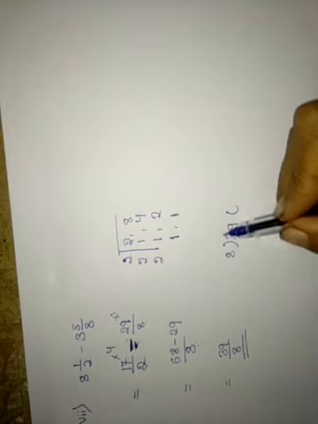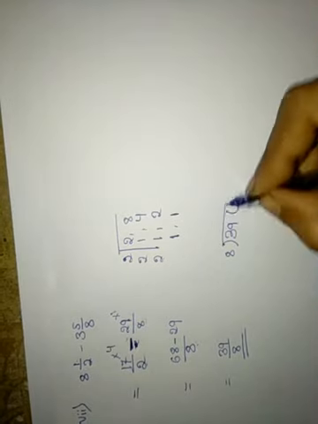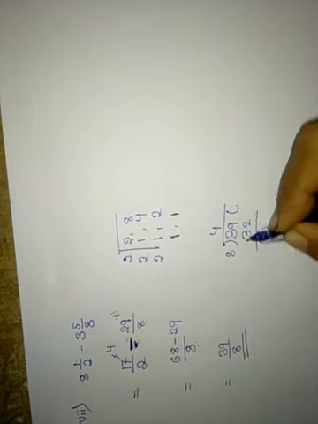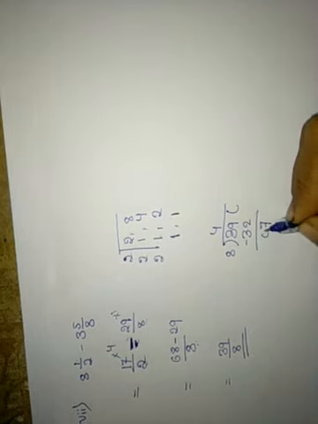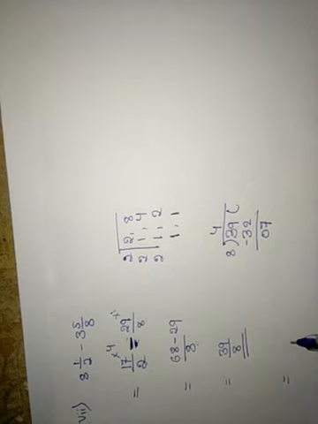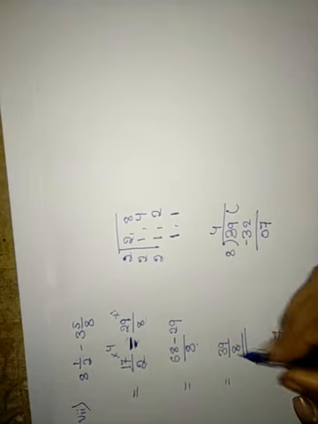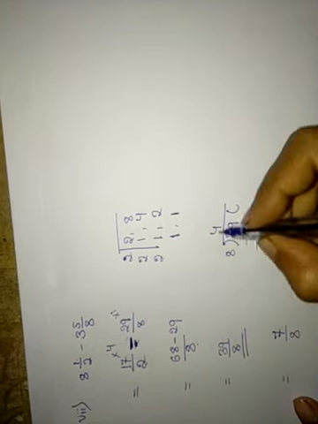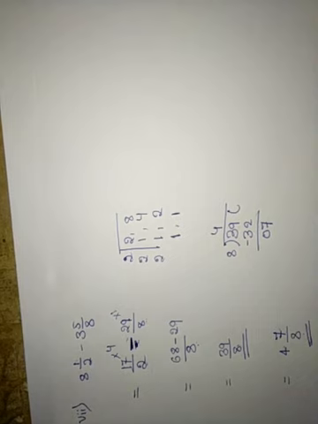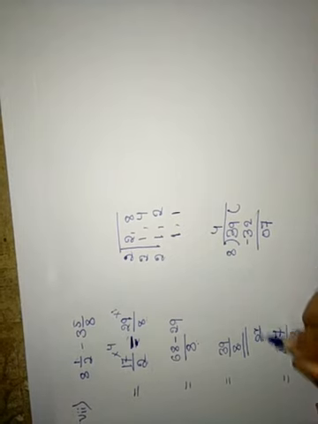We'll take the nearest value of 39, that is 8 4s are 32, right? After subtracting we'll get 7. So we'll write the remainder value at the numerator part, and the denominator value will keep as it is, this quotient in the whole part, that is 4 integer 7 by 8.